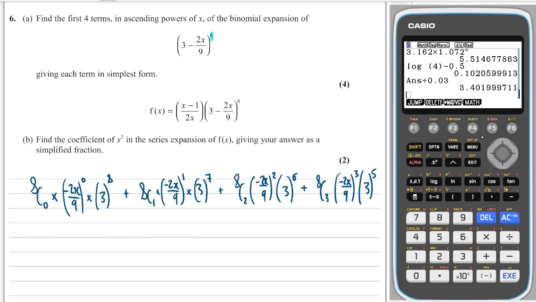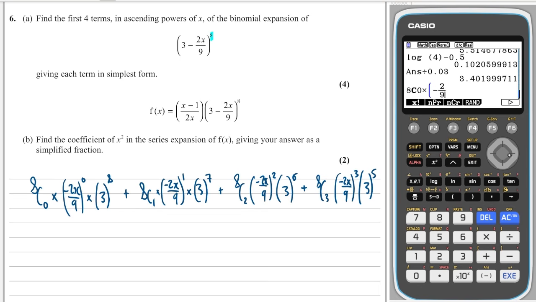On this big calculator, if you have it, which I recommend you do, you can get that C button there by pressing Options, go across to Prob and press C, and then 0, and then we'll multiply that by minus 2 over 9 to the power 0, and then we'll multiply that by 3 to the power 8. And we will get 6561.